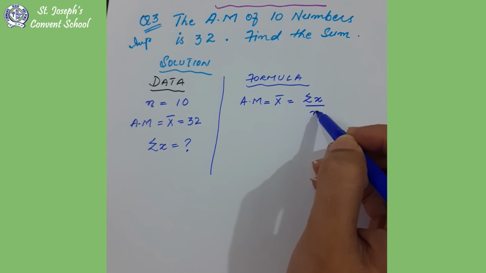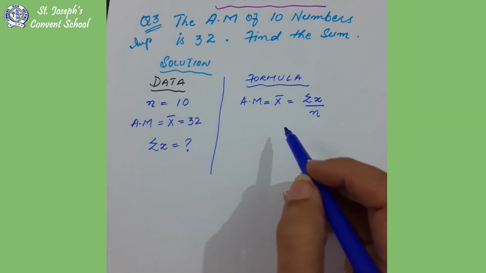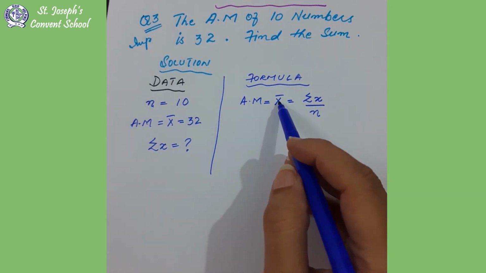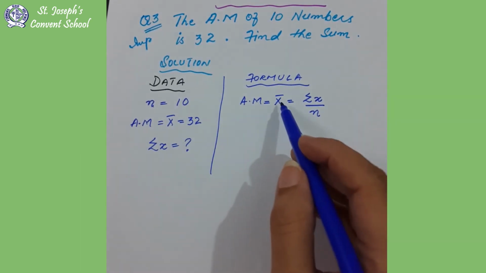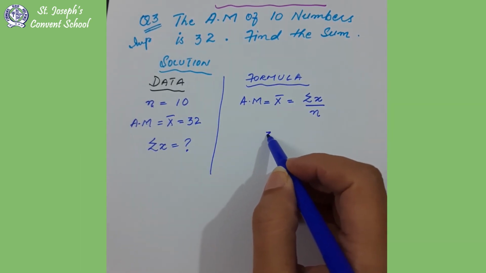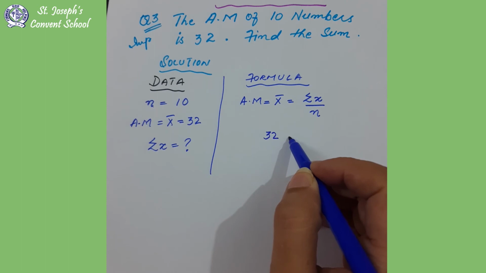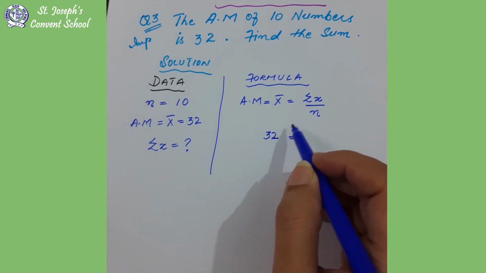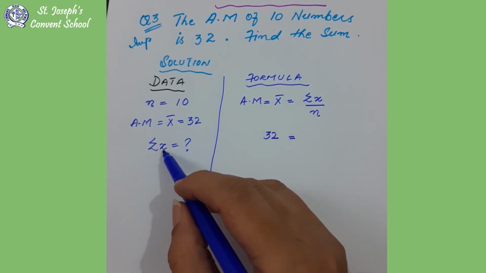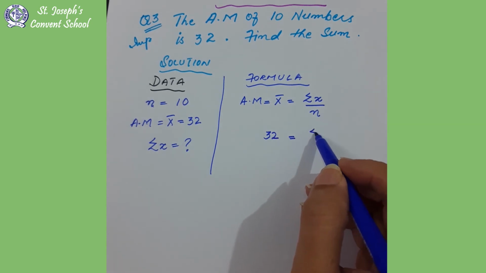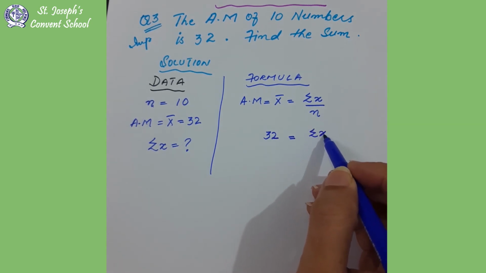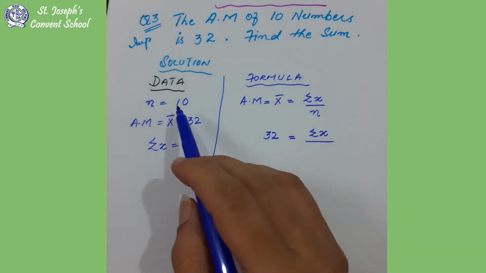So what is given in the question? x bar is given, it is 32. Put the value here: 32 equals sigma x, which is unknown so we write it as it is, divided by n. n is given, it is 10.